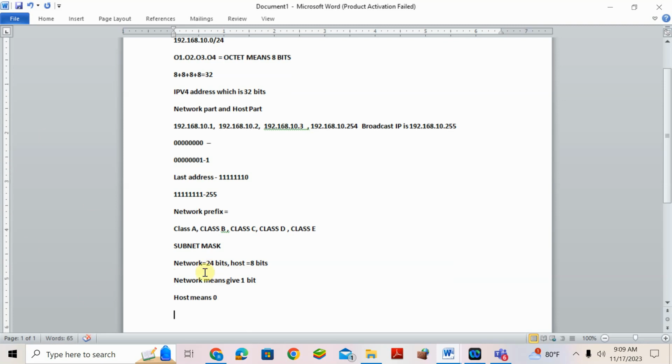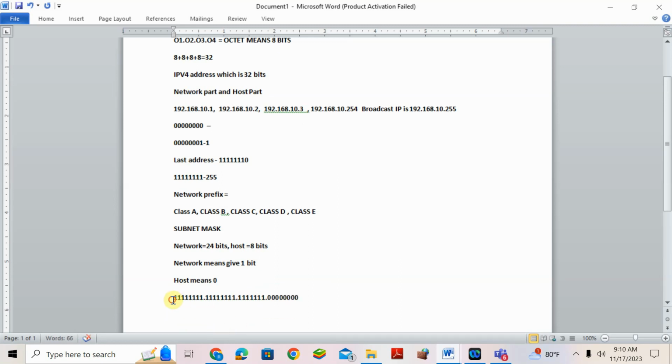So what happens? We have a 24-bit network. So 1 2 3 4 5 6 7 8, first octet done. Then the second one, 1 2 3 4 5 6 7 8, again network, 1 2 3 4 5 6 7 8. See, 24 network bits, 8 dot, again 8 network bits, again 8 network bits, ones. Host means 0, so 8 bits are host. So here we'll put 1 2 3 4 5 6 7 8. Now 8 ones.